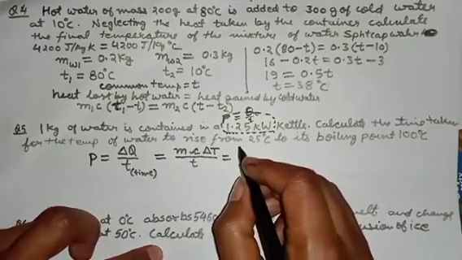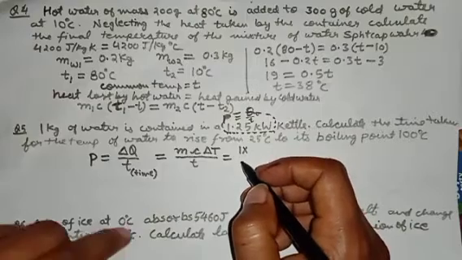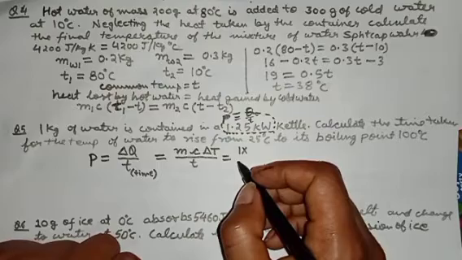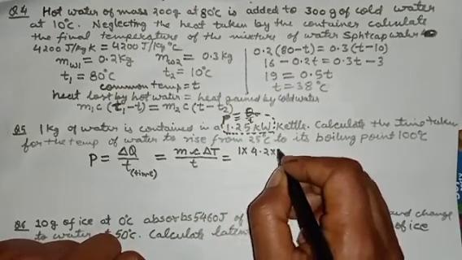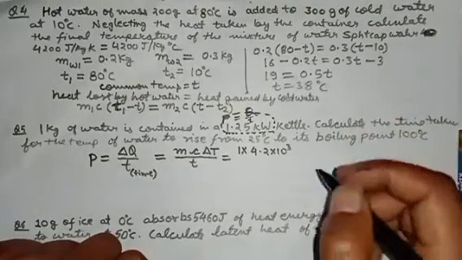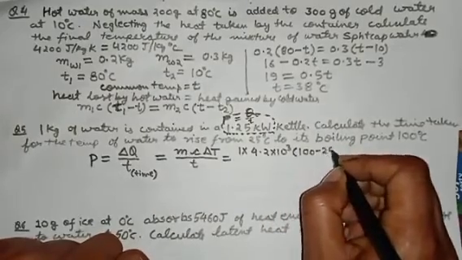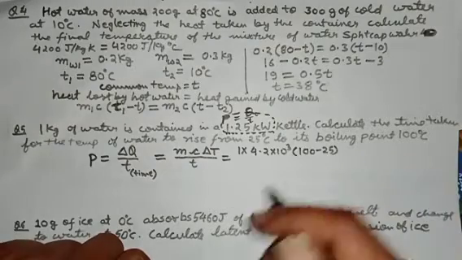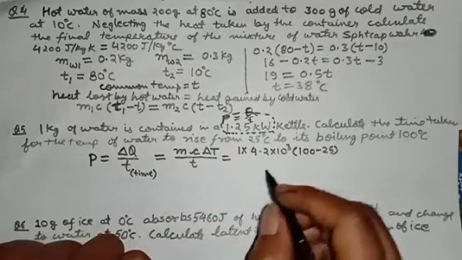M is 1 kg, so now it is easier to calculate. Second thing, C. C is specific heat capacity of water. In SI unit, it is 4.2 into 10 to the power 3 joule per kg per Kelvin. Remember that. Delta T, 100 minus 25, and I repeat, this temperature difference is in Celsius as well as in Kelvin, both will be same.